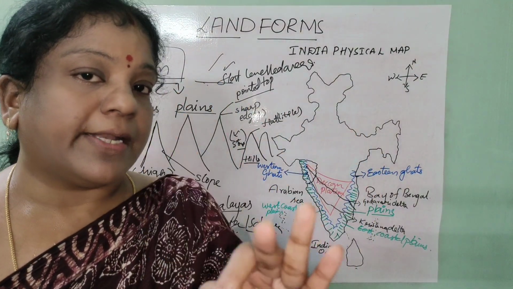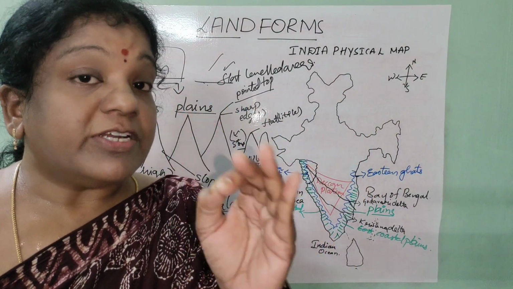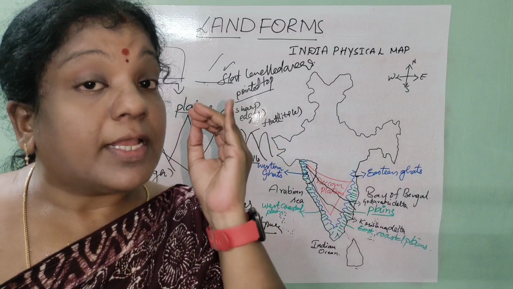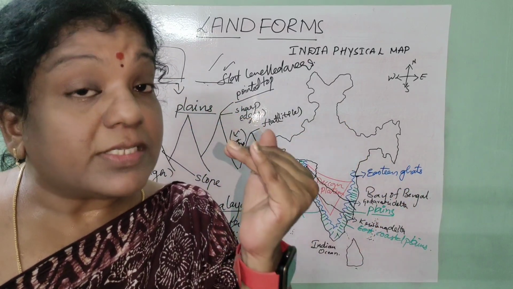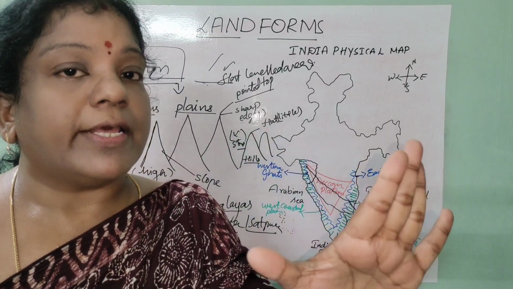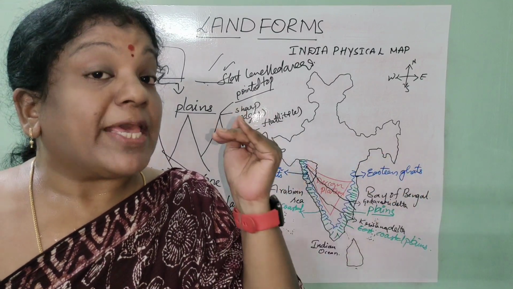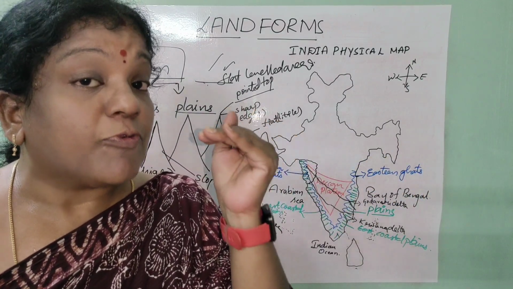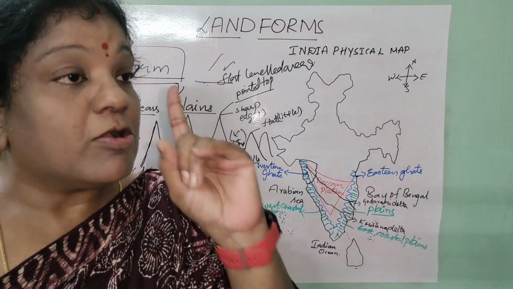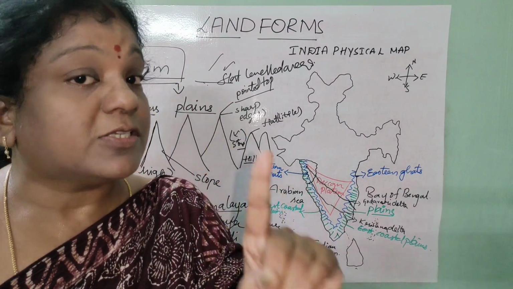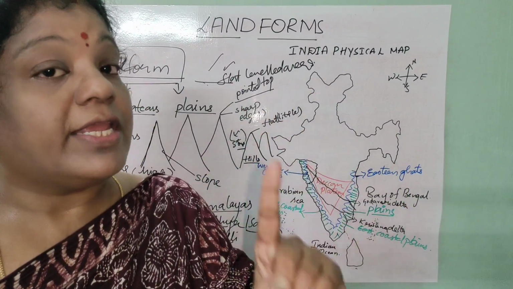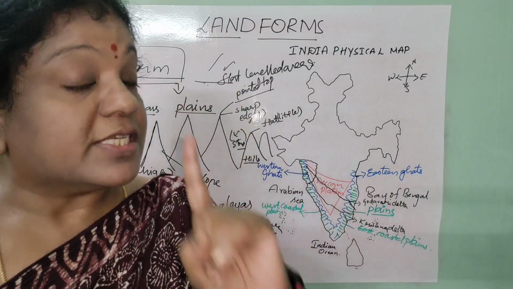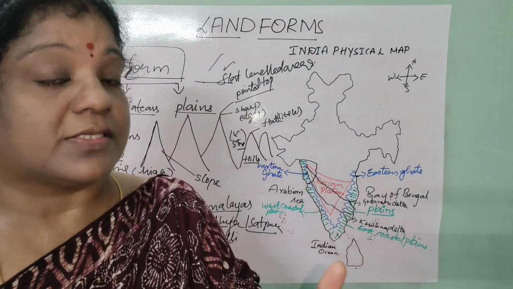What do you mean by perennial rivers here? The rivers which are flowing throughout the year. The great rivers like Ganga, the great rivers like Krishna, Godavari, these are called perennial rivers, the rivers which flow throughout the year. So because of these great rivers flow throughout the year, carrying the heavy deposits of silt with a combination of humus.